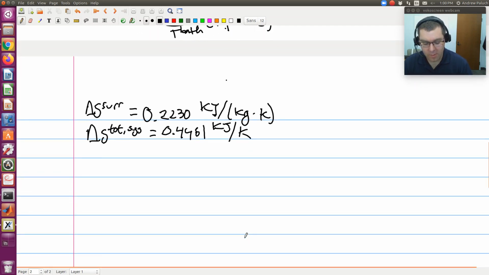So if I want my entropy generation, let me just write the extensive value. It'd be the extensive change in entropy of my system, delta S system total, plus delta S surroundings total.